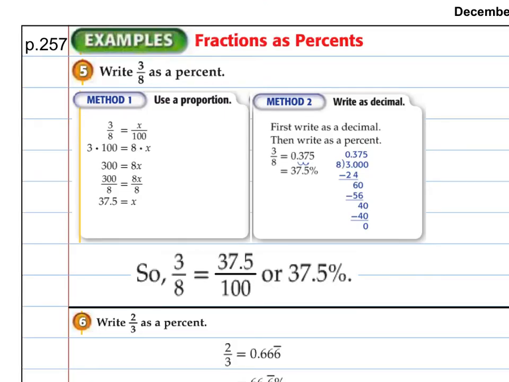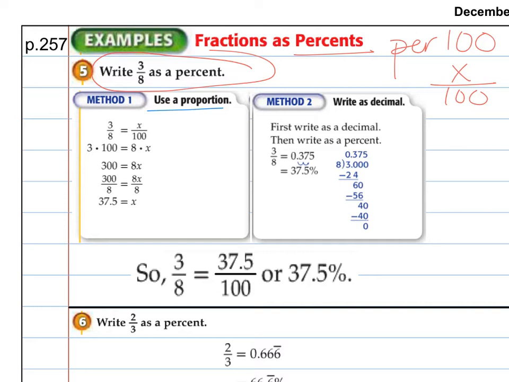All right, so fractions as percents. Remember that percent is per 100, or a number out of 100. So we're going to write 3/8 as a percent. 2 methods. Method 1 is use a proportion, and we learned about this in chapter 4. So this is saying 3/8 is equal to how many out of 100?